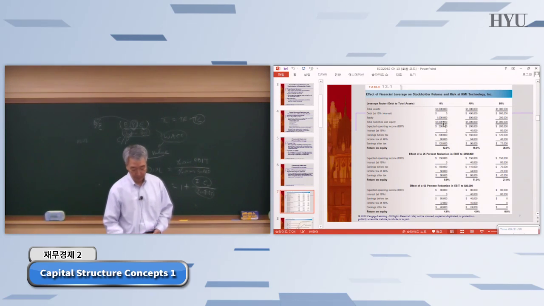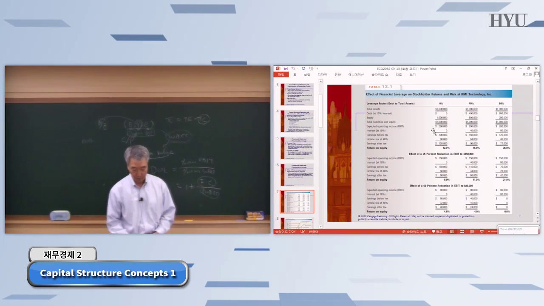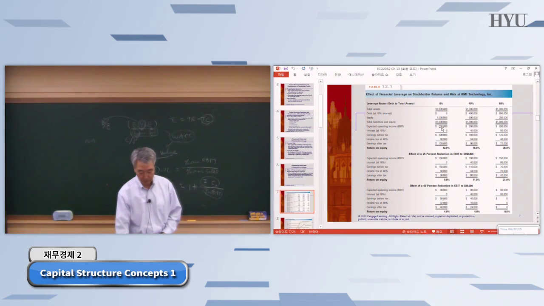Then in the first case we have $1 million equity, the second case $600,000 equity, and so on. So total liabilities and equities will be the same, 1 million in all 3 cases. And let's say EBIT is the same as well. All 3 companies have $200,000 operating income.